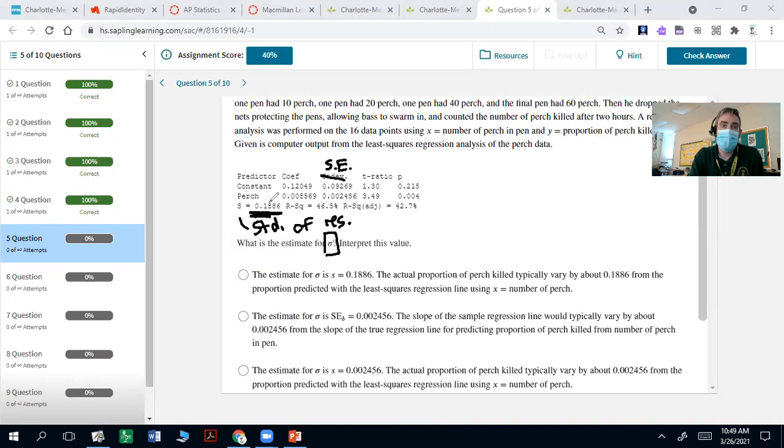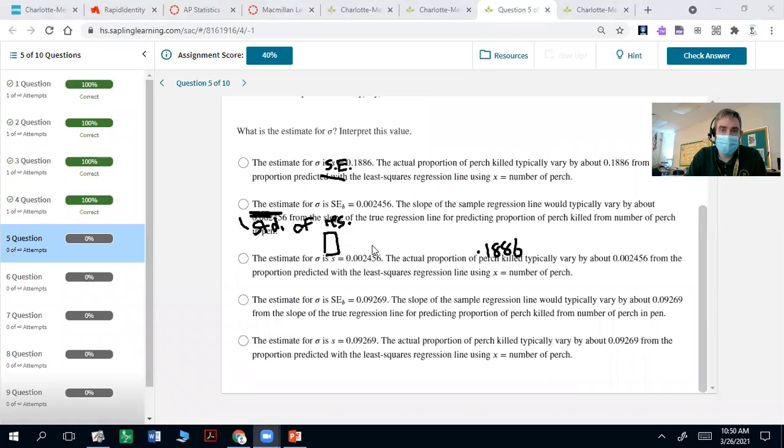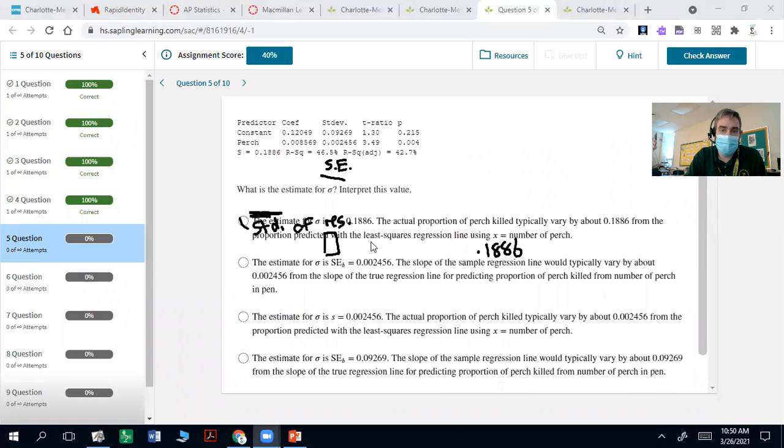We'll never know that, but this is an estimate of that. So we have to find the one that has that number, 0.1886. And we'll go down here and we'll find that there's only one that even has that, okay? So the estimate for the standard deviation is 0.1886.